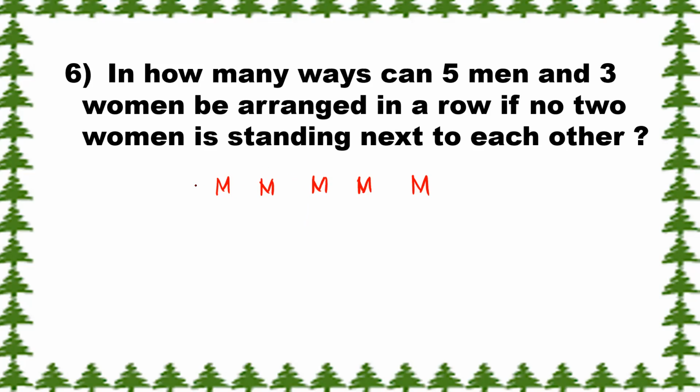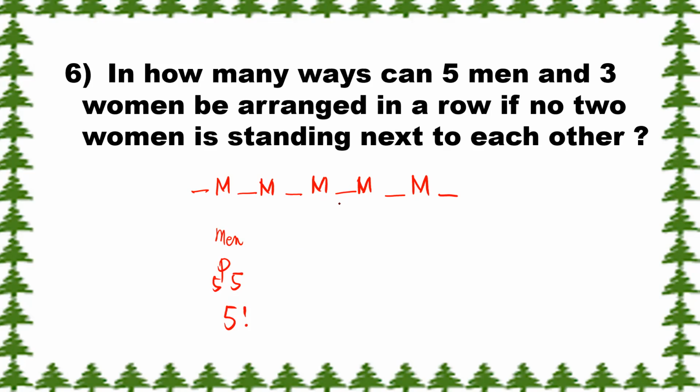Ilang pwesto? 1, 2, 3, 4, 5, 6. So there are 6 positions pwedeng pwestuhan ng babae. So doon muna tayo sa men. Men can be permutation of 5 taken 5, and that's 5 factorial.